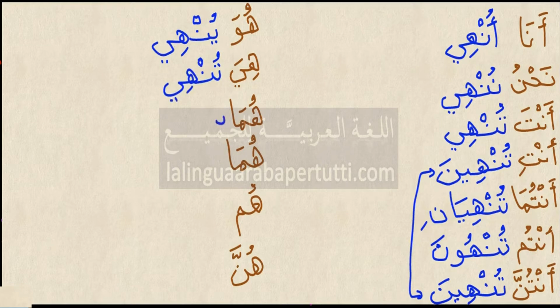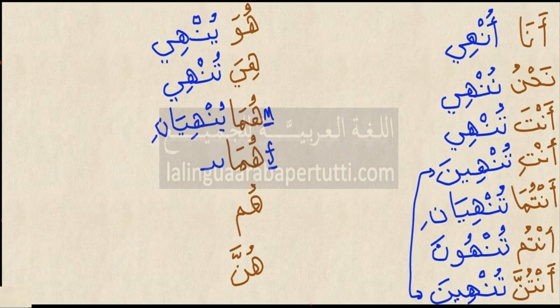هما masculine. Let's start with masculine. Sorry. So I will write here M. I mean masculine. هما ينهيان. هما feminine.